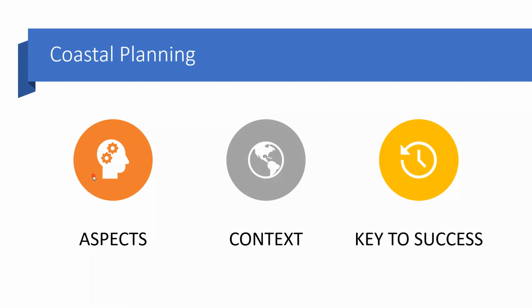So there's the people aspect, there's the environmental aspect, and the geophysical aspect. Not all coastal areas are alike. If you compare the northern shores of Java Island to the southern shores of Java, you have vastly different characteristics there.